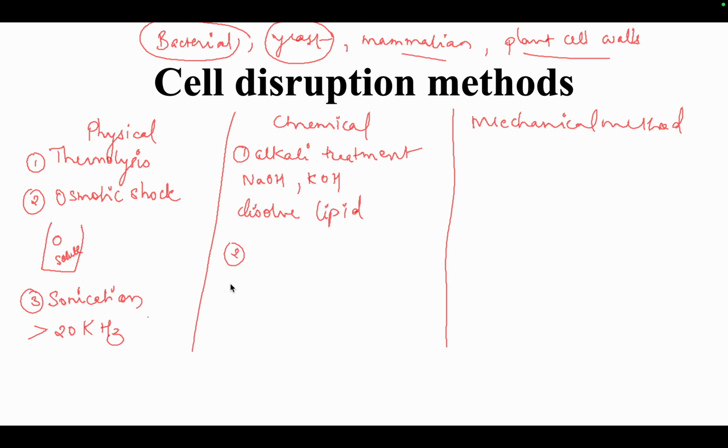The second method in the chemical treatment is we can use different detergents. Again, the role of detergent and surfactant is to dissolve the lipid membrane or the lipid molecules. Detergents can either completely dissolve the lipid membrane or they can permeabilize.